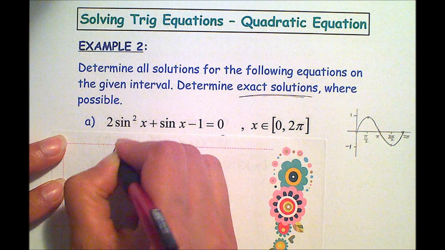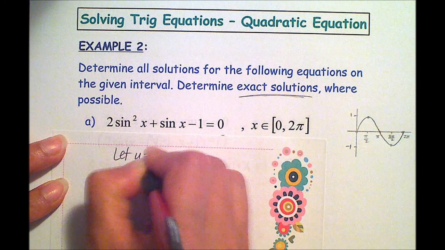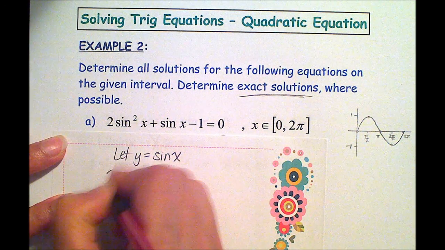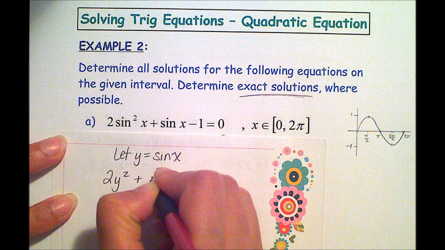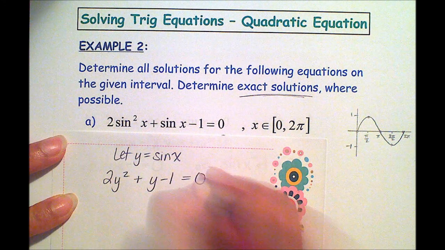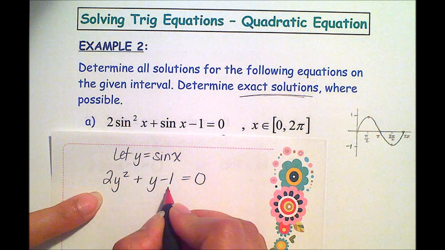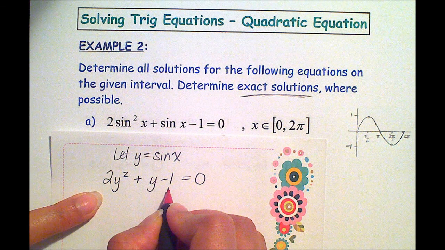If we let y equal sine x, this would look like 2y squared plus y minus 1 equals 0. This ends up being a complex trinomial with a product of -2 and a sum of +1.